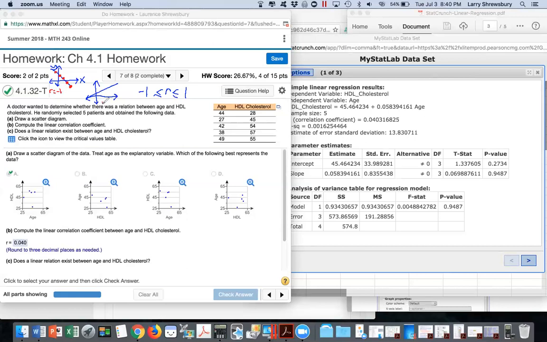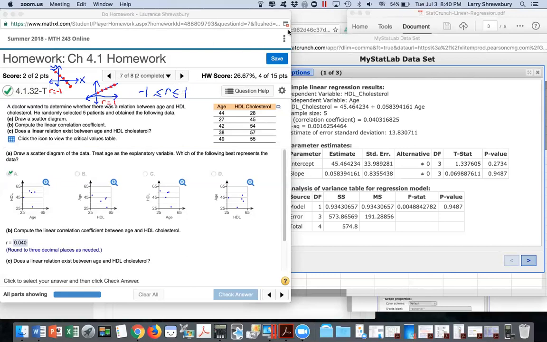And if r equals +1, that means every point is smack dab on the line. It couldn't be any better. So if it's positive, notice it's going uphill from left to right instead of downhill over here. So every point is smack on, it can't get any better, so that's why it doesn't make any sense for it to be bigger than 1. 1 is as good as it gets. Okay. Then the idea is, what's halfway in between these two numbers?